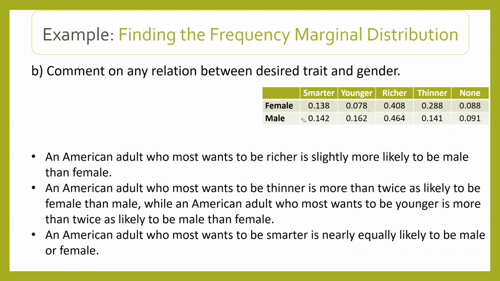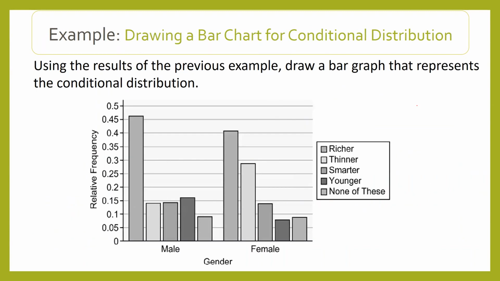So we have to draw bars representing each of smarter, younger, richer, thinner, and none for female and for male. So I decided to put the bar chart here. So one set is for male and the other set is for female. We can easily compare what is going on, where the colors are given for each characteristic.